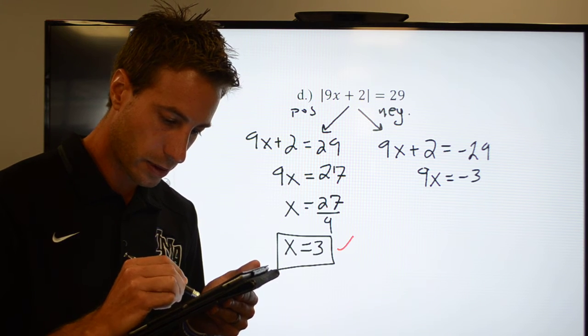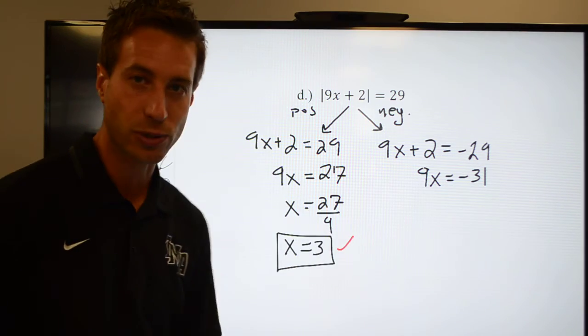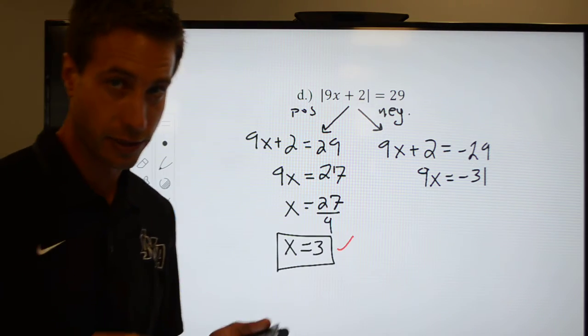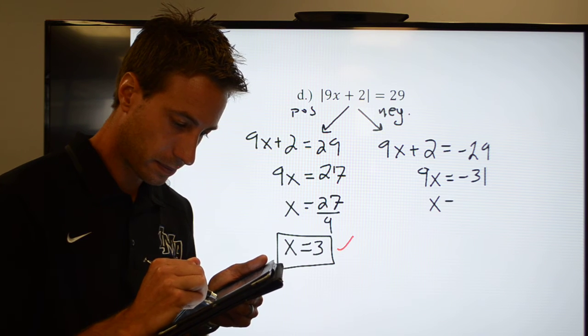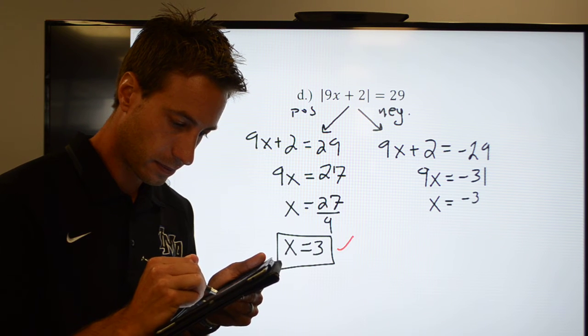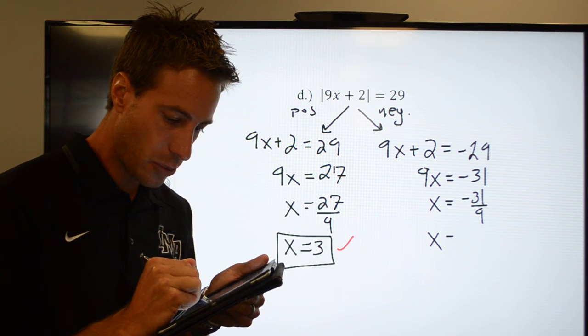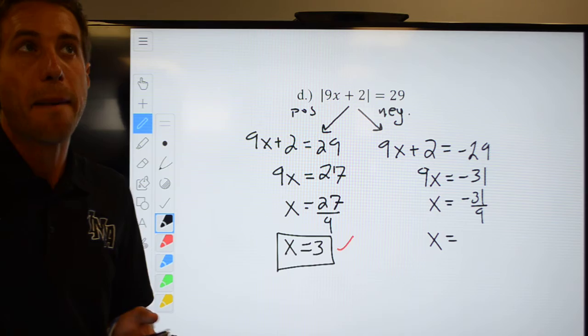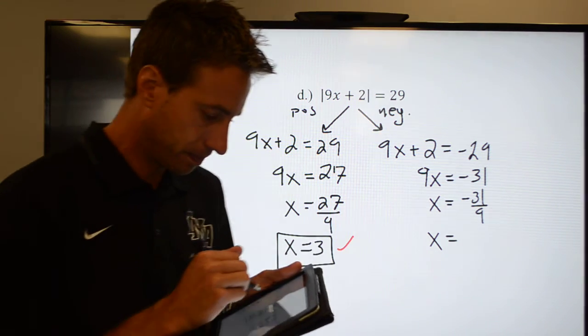Well, we can see a fraction coming here. I now need to divide both sides by 9. 31 is not divisible by 9, at least not evenly. No problem. Maybe we can reduce it. No, we can't. So this is going to be my answer.